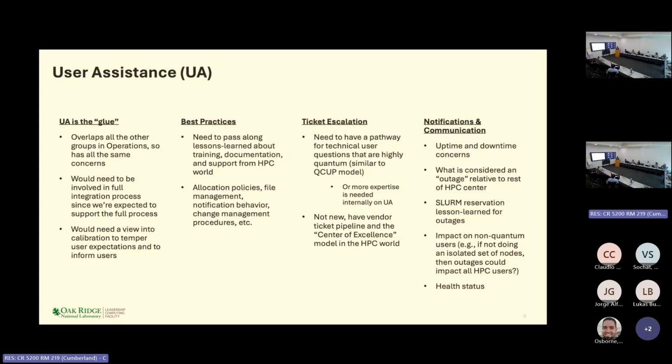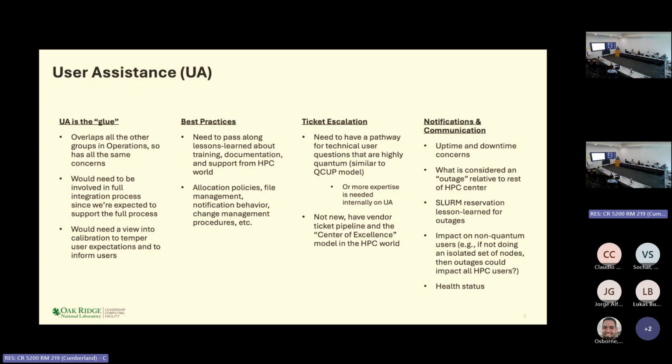Just the pure HPC users. So I think we have to be careful there, where if the quantum machine goes down for calibration and we have a non-quantum user being like, wait, that just took down all of my nodes for whatever reason, we have to be mindful of how we draw the line there of taking which approach versus others for partition, QoS, reservations, things like that.